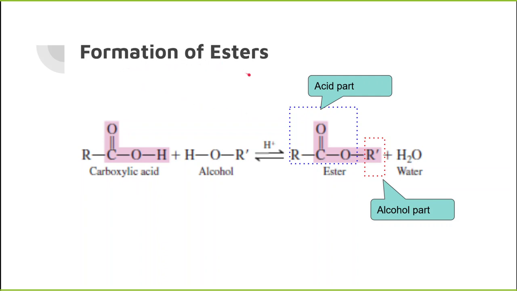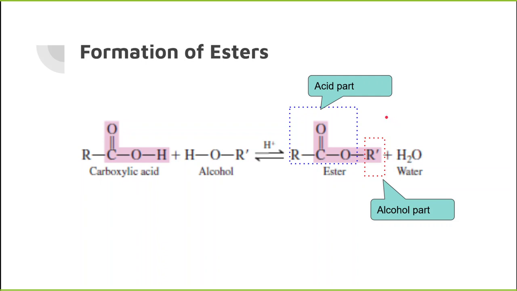How esters are formed is they're usually formed with a carboxylic acid reacting with an alcohol. So you see here we have this carboxylic acid group. Here we have this OH alcohol group. And then you form the ester by taking the R from the alcohol, and it replaces the hydrogen here. And this hydrogen joins with the OH to give you water.